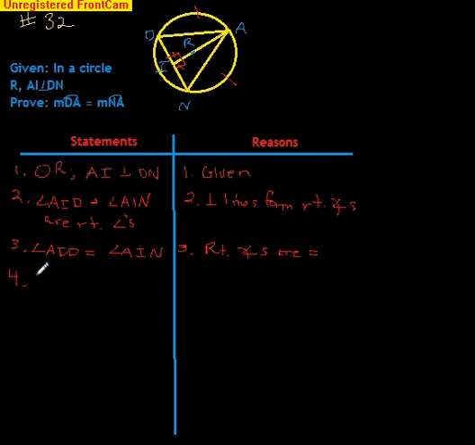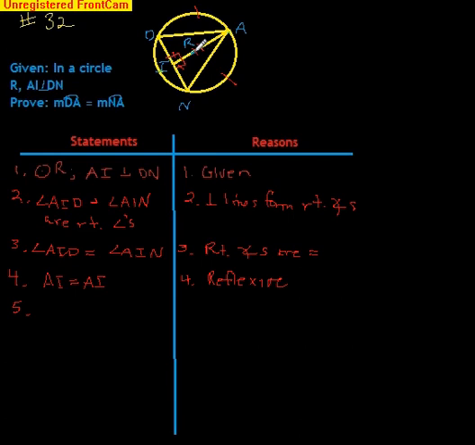And we can do that. We can also say that AI is equal to AI, and that's reflexive. And so we got this equal to this.